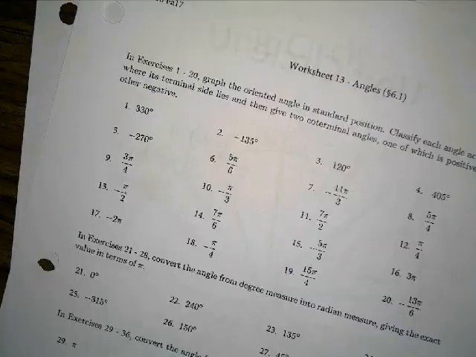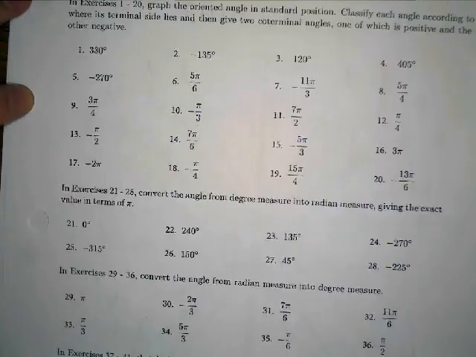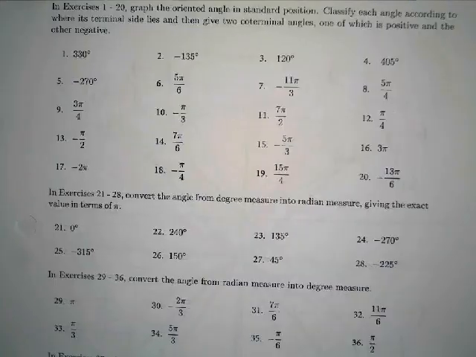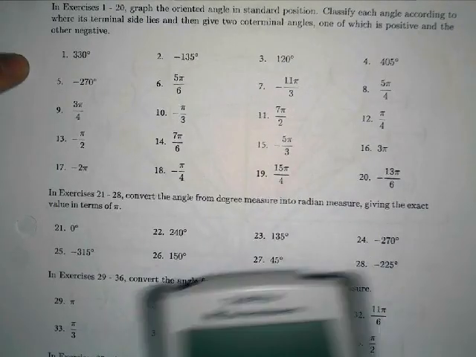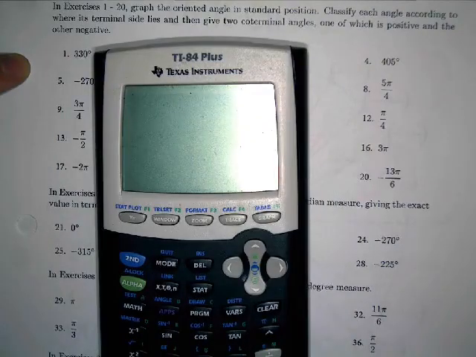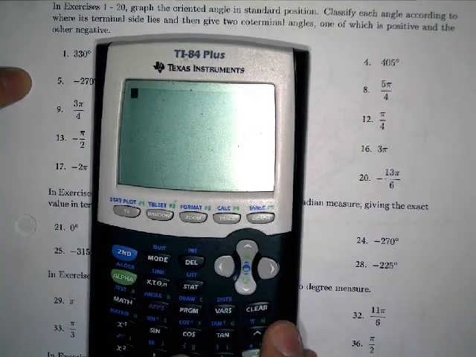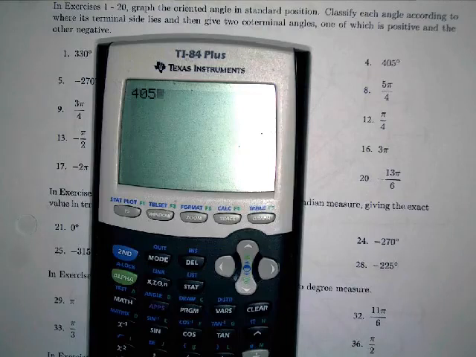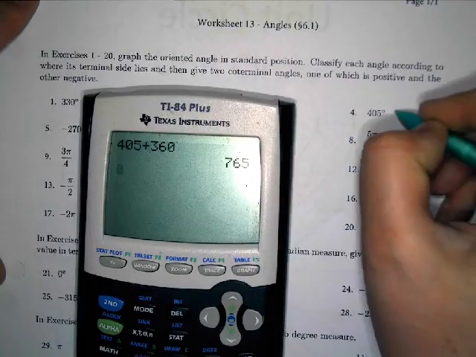Okay, so we're just going to spot check a couple of these. So if you were doing problem number 4, it said 405 degrees. How could you find a positive coterminal angle and a negative coterminal angle for 405 degrees? Okay, plus 360. So 765 is a positive coterminal angle.